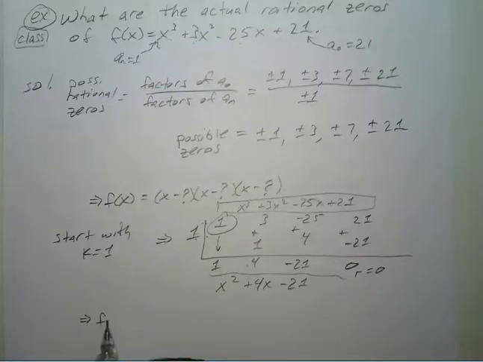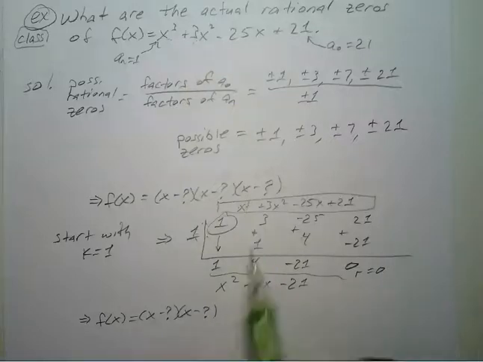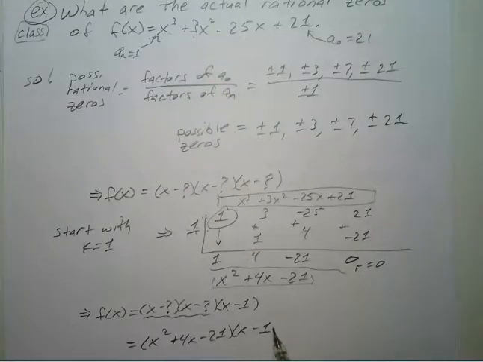So that means f of x is equal to x minus something times x minus something, x minus 1, because if we plug in 1, we'll get 0. So you get x squared plus 4x minus 21 times x minus 1.